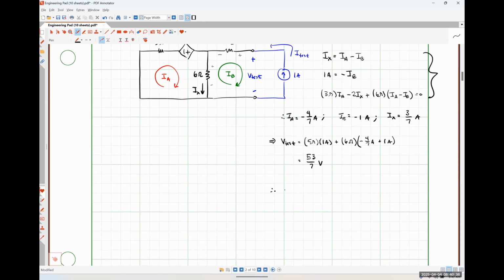And from here, my Thevenin resistance is just V test over I test, which is 53/7 of a volt divided by 1 amp is 53/7 of an ohm. Once again, giving me the same answer that I got the previous two different ways we did it.